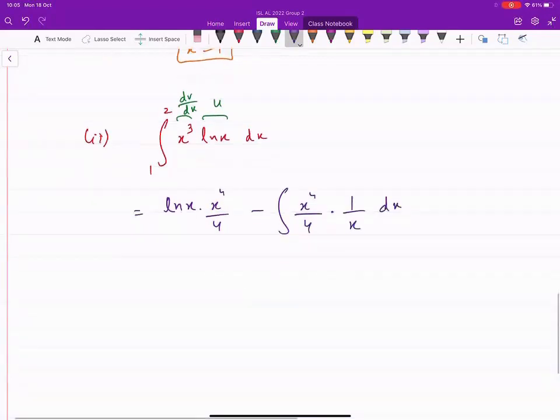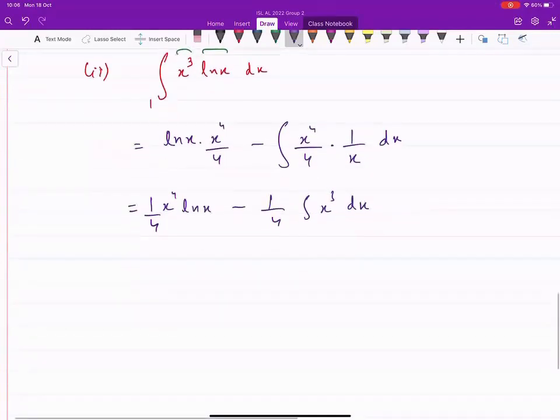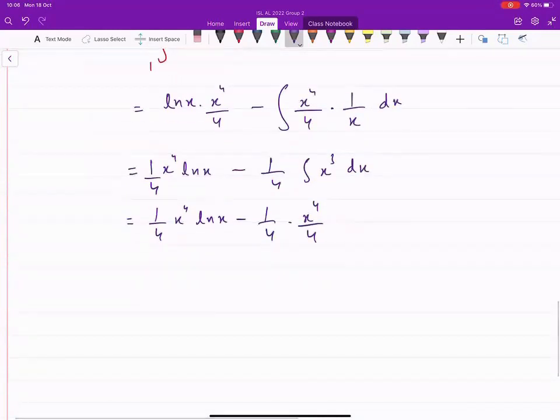And now it's something simpler. We get x raised to power 4 ln x over 4 minus 1 over 4 integral of x cube with respect to x. इसको इंटीग्रेट कर लेंगे. We have 1 over 4 x raised to power 4 ln of x minus 1 over 4 into x raised to power 4 over 4, and that's your integral.